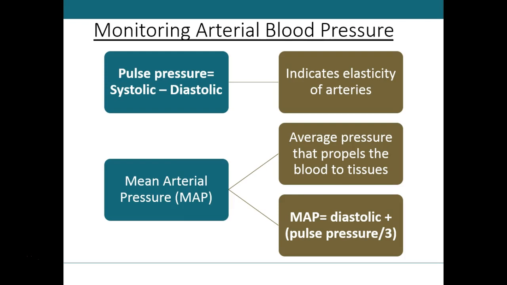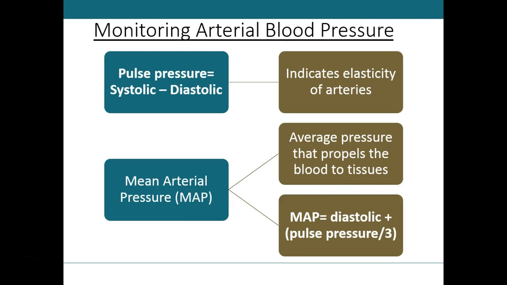Normal mean arterial pressure ranges somewhere between 60 to 110, with 110 being a little high, 60 being pretty low. The importance of this is at mean arterial pressures of less than 60, you have decreased tissue perfusion. This is vitally important when you're looking at the perfusion or the oxygenation of some of the more important organs.